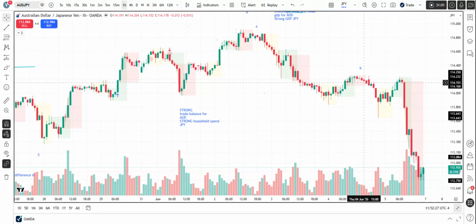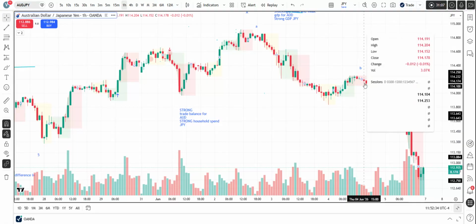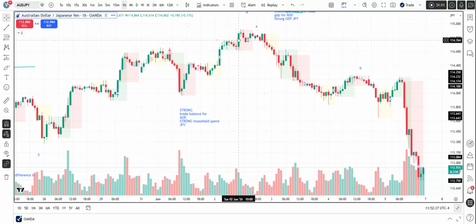But that's why you want to be in front of the computer when the news comes out, so you can get a good trade in, because it's those times where you can catch big moves either during the European session, American session, or Asian session.